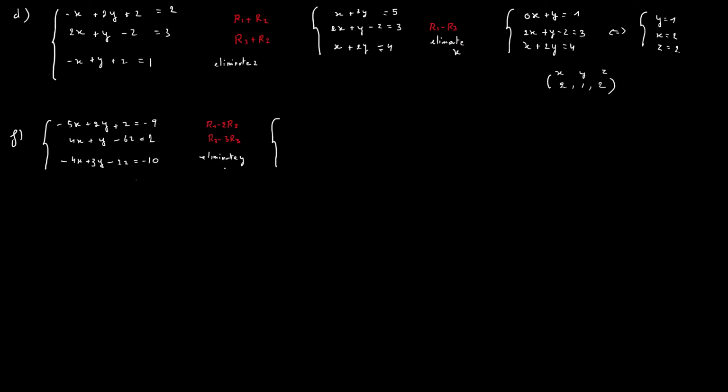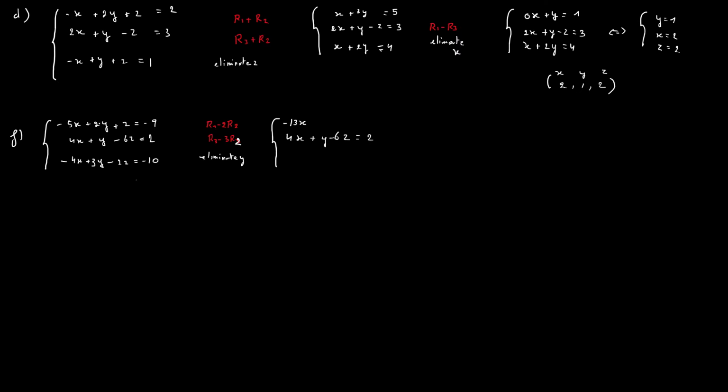Okay. Oh, sorry, it's not row 3, it's row 2. So row 2, we keep it as it is: 4x plus y minus 6z is equal to 2. And then let's subtract it from the other. So here you get 4x, we have to do it times 2. So 8x, so minus 5x minus 8x is going to end up with minus 13x.